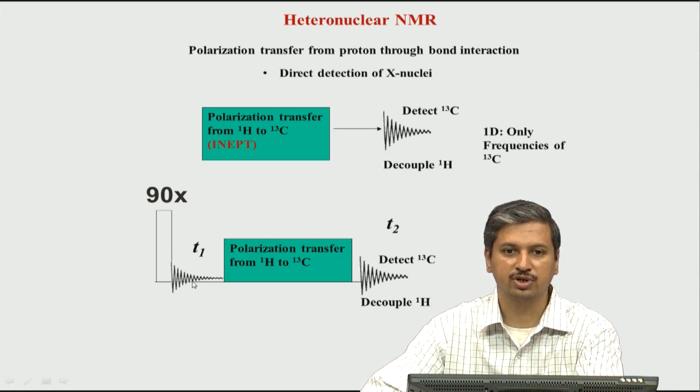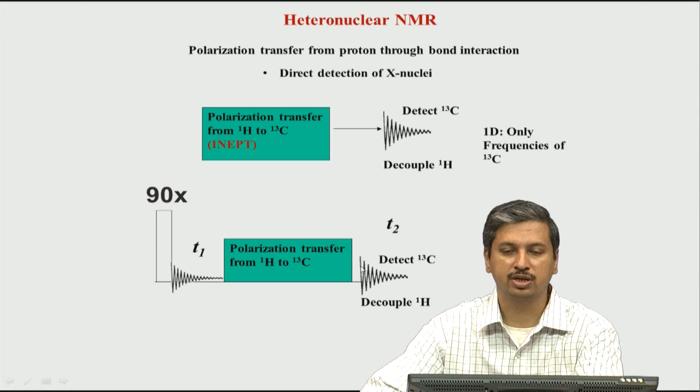So, after evolution has happened for some duration, we transfer that polarization, and after doing that transfer, my magnetization has come to carbon, and now I will excite the carbon with a pulse here, which is not shown, but it is part of this block.